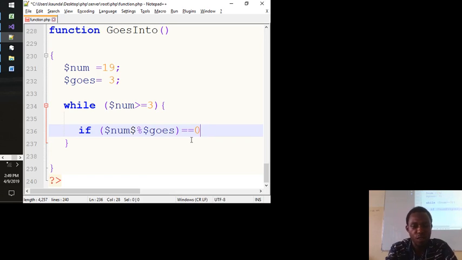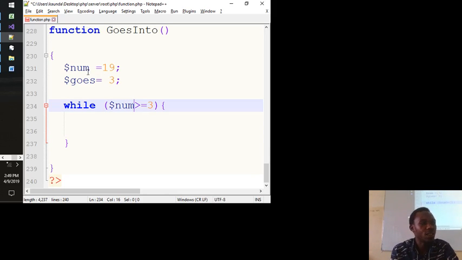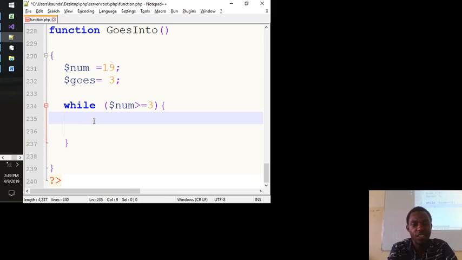No, this will not give it to me. Let's rethink. We'll keep subtracting 3 from it. That should work. Are we okay? Whilst this is bigger than 3, we'll keep subtracting 3 from 19. I think that is what will give us the answer.